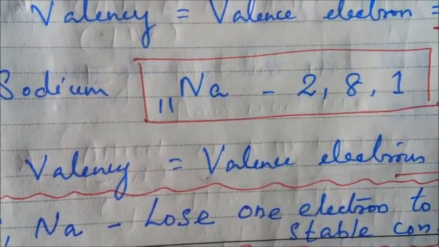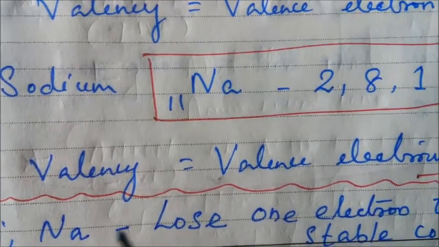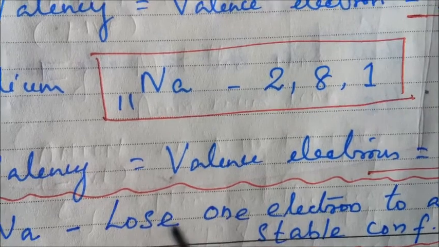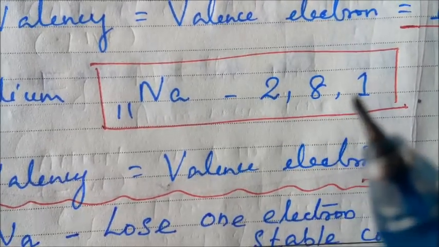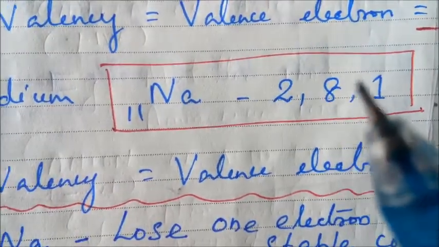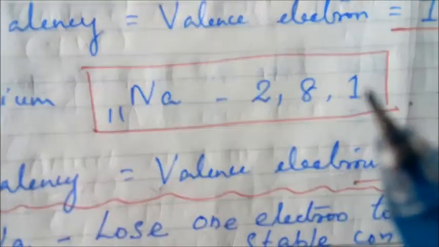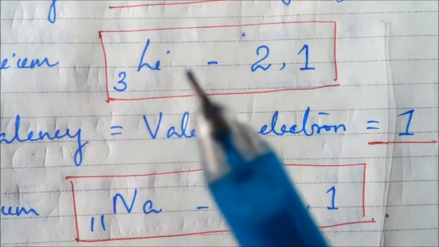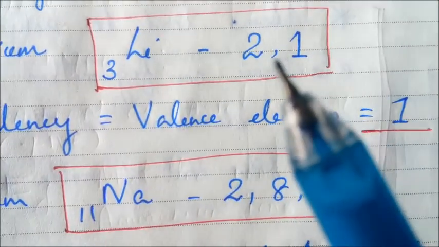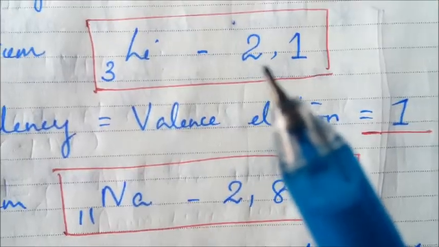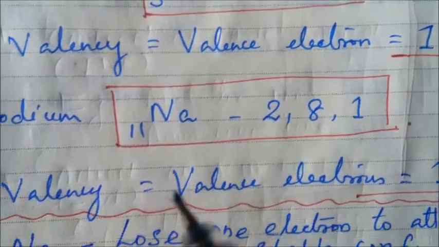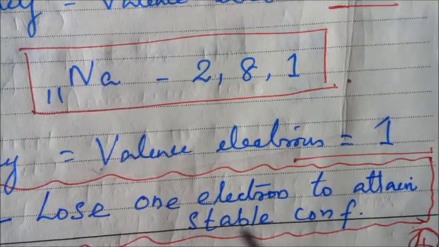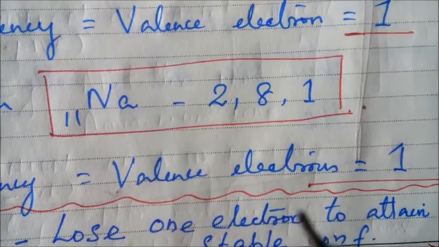Here you note lithium and sodium valency 1, valence electron also 1, because in order to attain noble gas configuration, sodium loses 1 electron, becomes 2,8 configuration. Lithium loses 1 electron in order to attain duplet nature. Therefore, both can lose only 1 electron to attain stable configuration. So, the valency is 1.